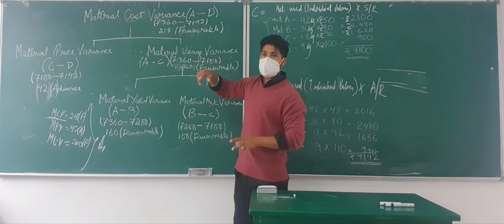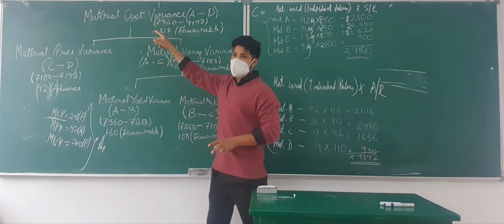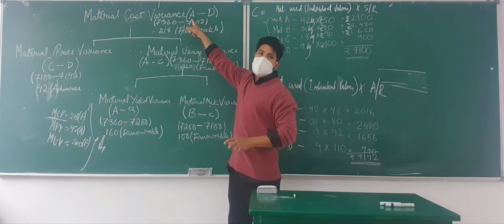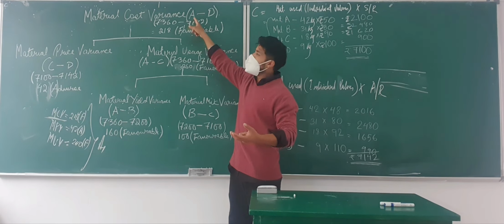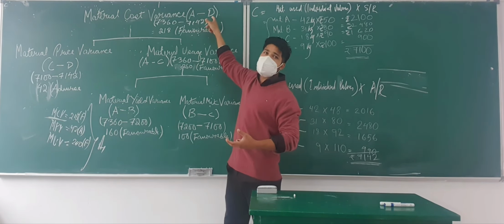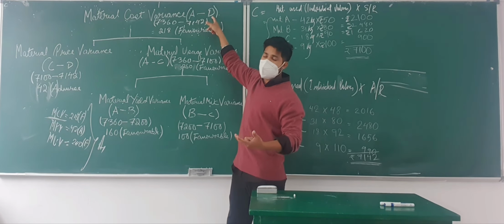Or else you can write the definition. Material cost variance is the product of standard quantity of materials used into standard rate minus actual materials used on individual basis into actual rate.